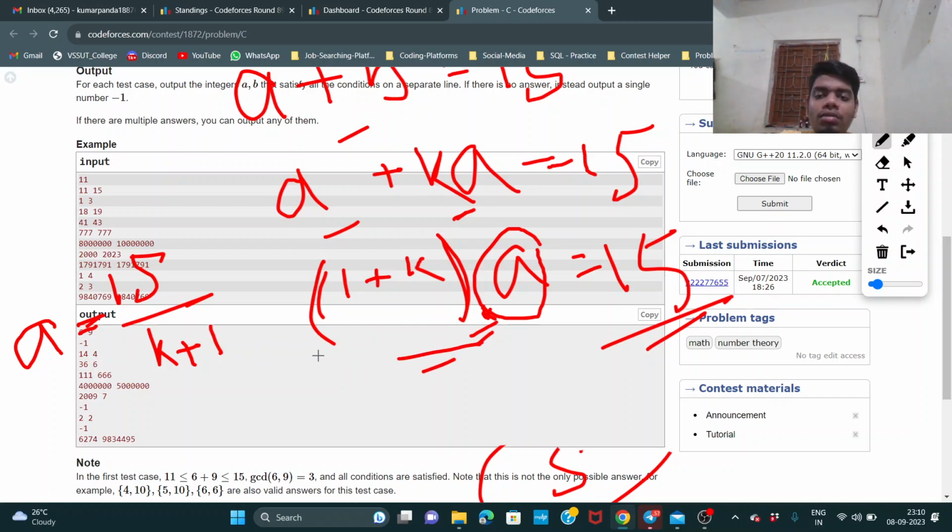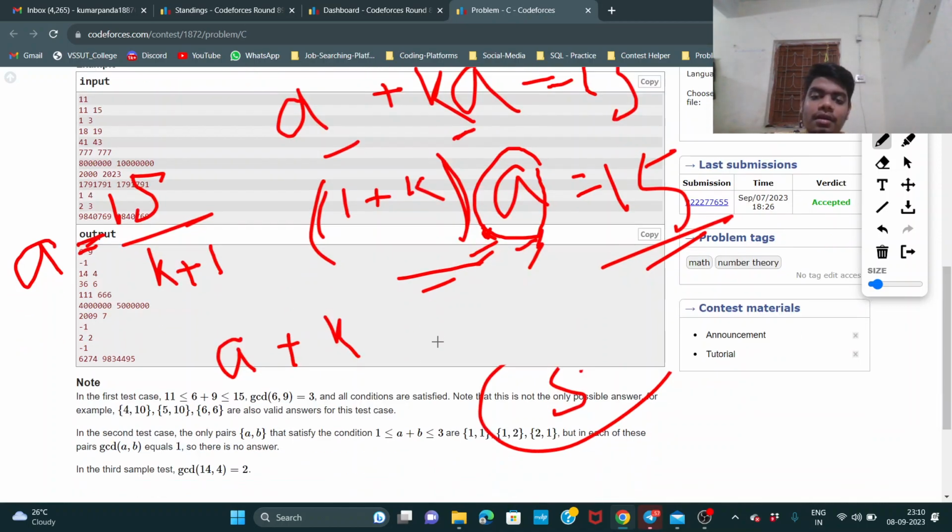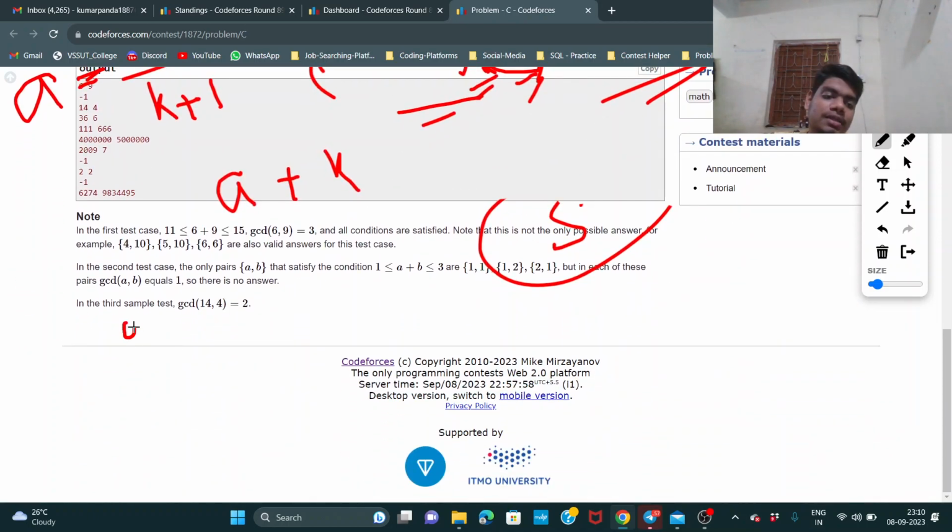Okay, so now just iterate over all the divisors of 15 and find if we get any number, which is A. If you find a number, then one number is A and the other number is K minus 1. I mean, see, for 15 one possible answer is 3 and 5.